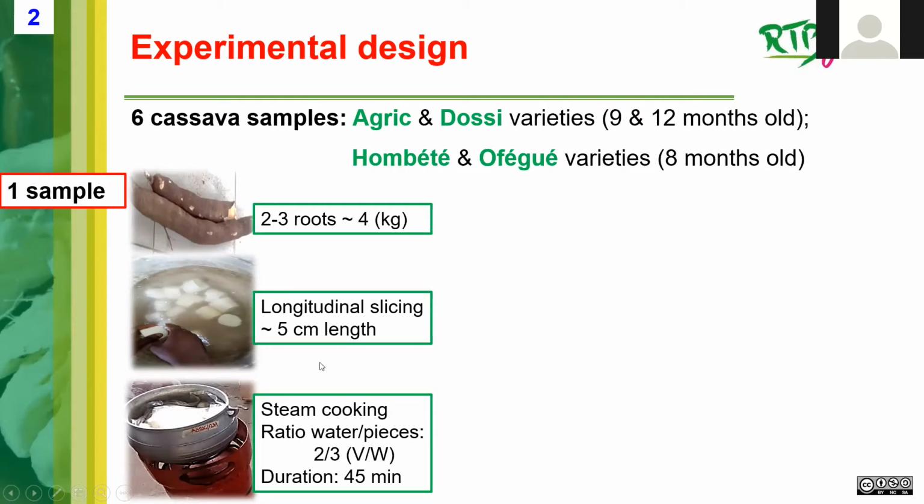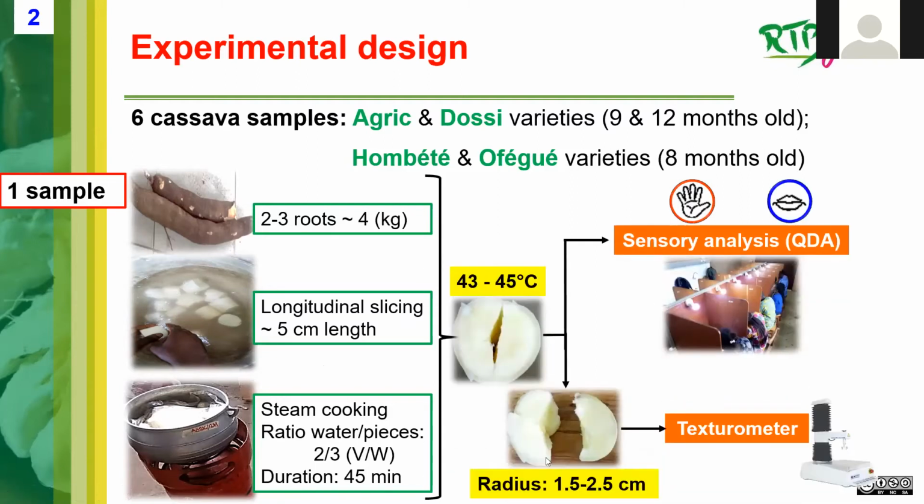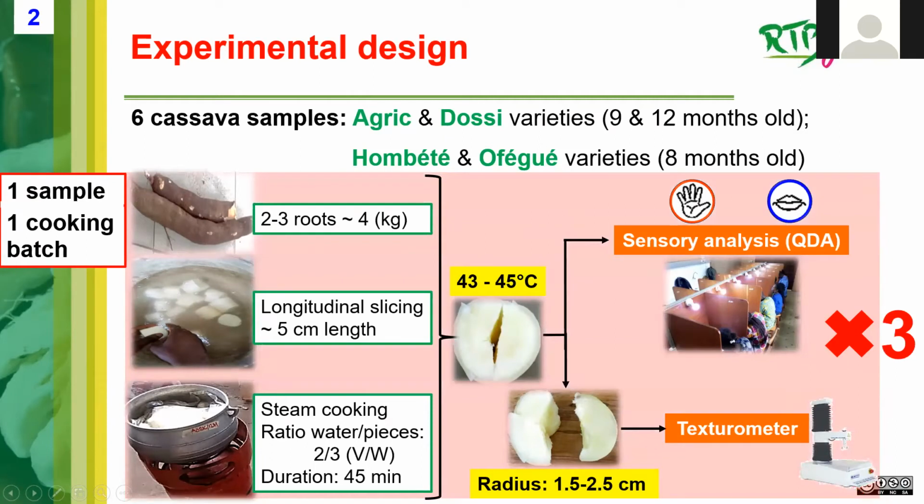Once the boiled cassava is cooked and ready to eat, we use it to do the sensory analysis through quantitative descriptive analysis, and also for instrumental measurement using the texturometer. All this experimental design was applied to one cooking batch of one sample. We did it in triplicate, so we have 3 cooking batches for each sample.